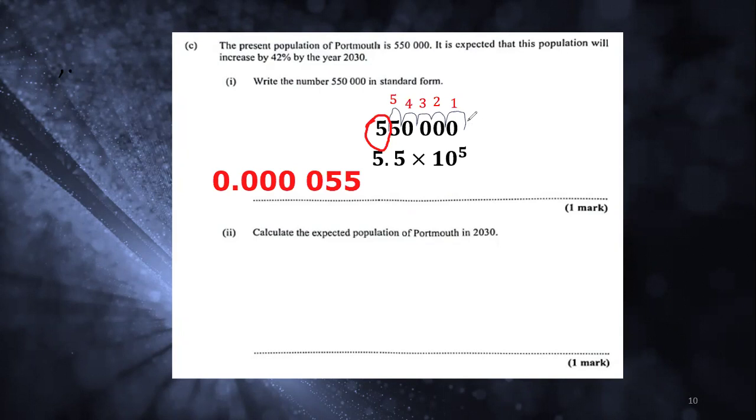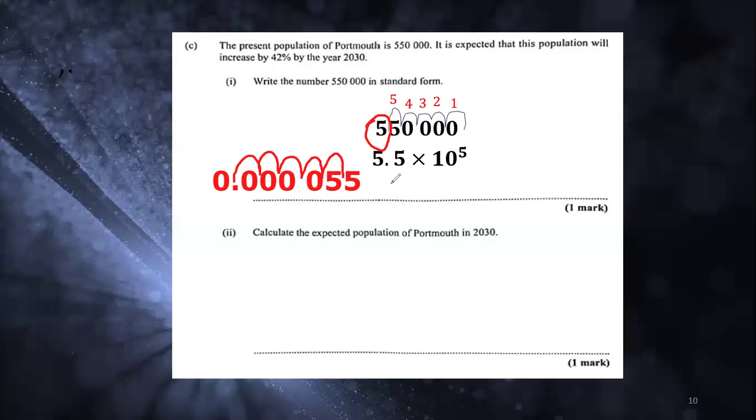We need to find the non-zero digit. There are no non-zero digits to the left, so we're not going to jump to the left. We're going to actually jump to the right. So it's going to be 1, 2, 3, 4, 5.